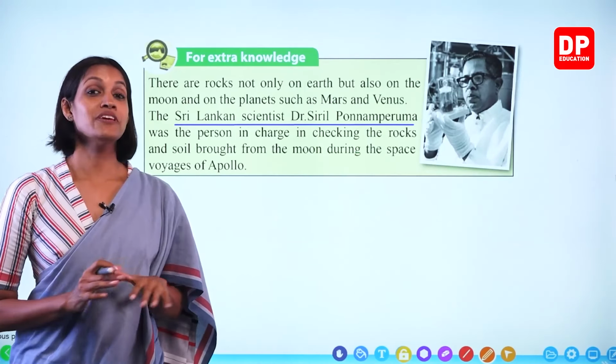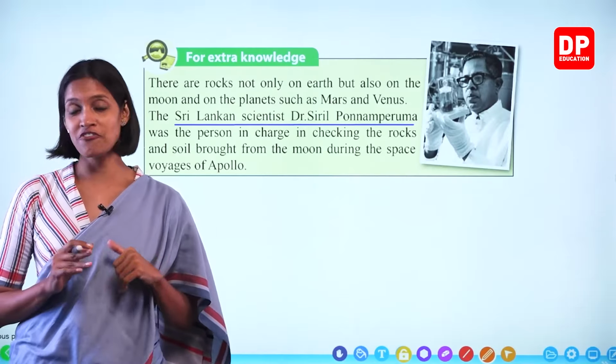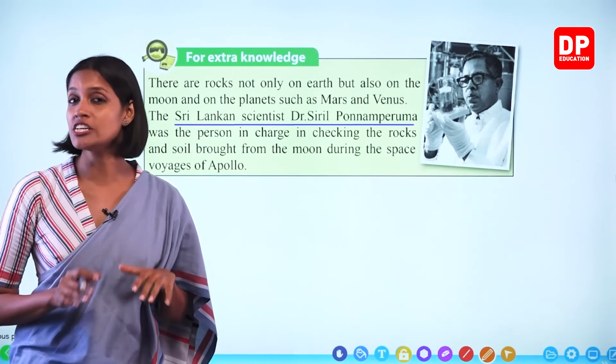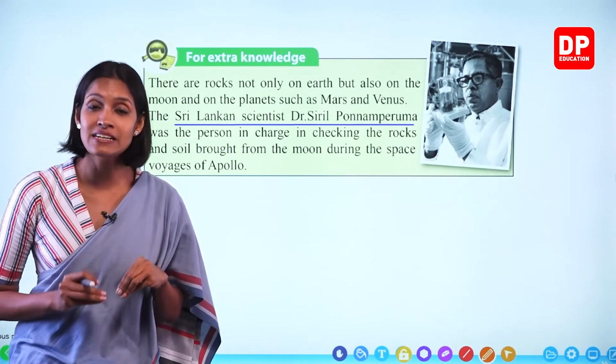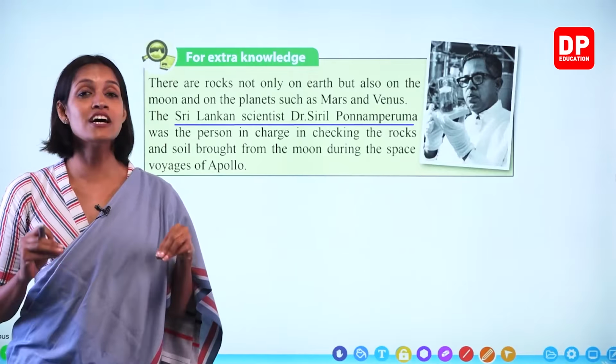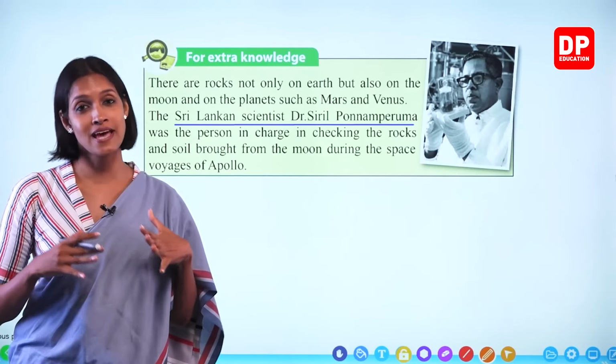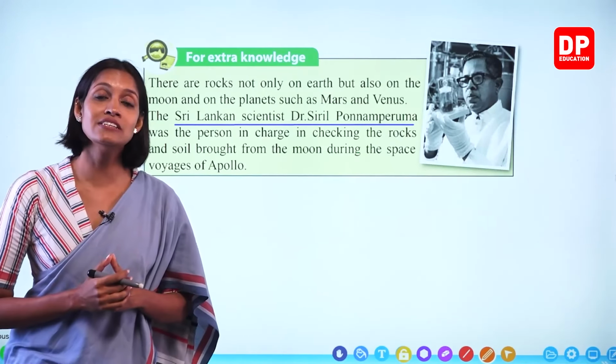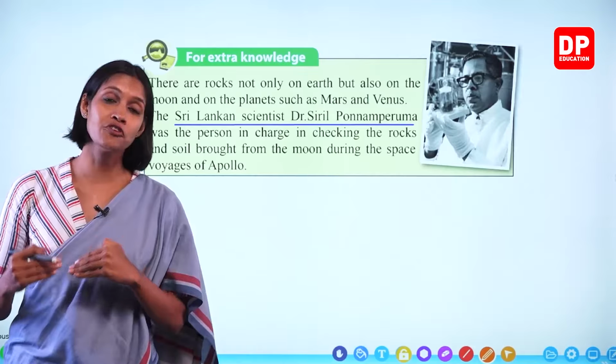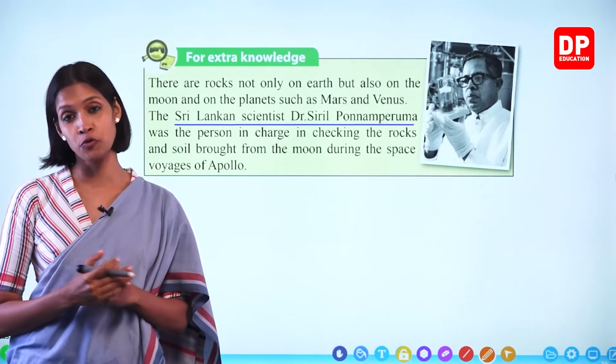Right, children. So we have completed the first chapter of this lesson. Do you remember what we learned in this chapter? We learned that rocks and minerals are two different things, and we learned the differences between rocks and minerals. And then we learned about three different types of rocks depending on the way they are formed, right?